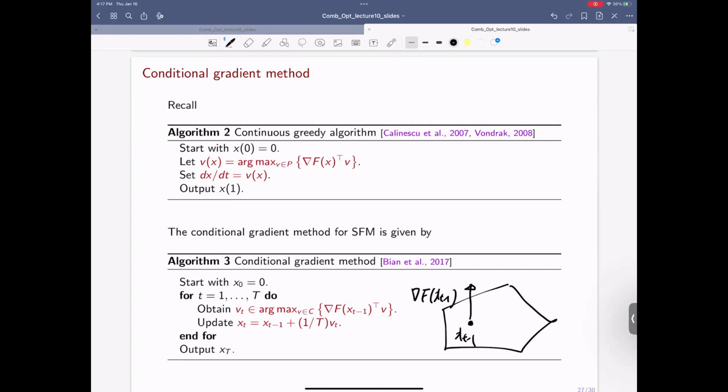Instead of moving along this direction, what the Frank-Wolfe algorithm does is optimize the corresponding linear function, and you get this solution, v_t. You take this vector v_t and add 1 over capital T multiple of this direction v_t to your current solution. That's your next solution, and you repeat this procedure for capital T iterations. This is a first-order method because your algorithm runs with the gradient information.